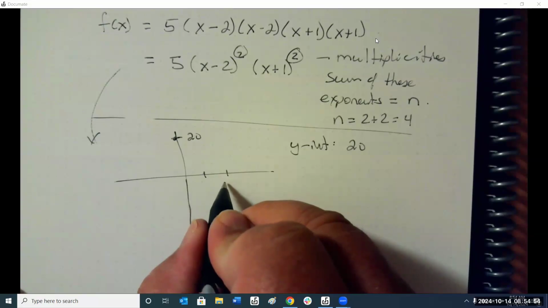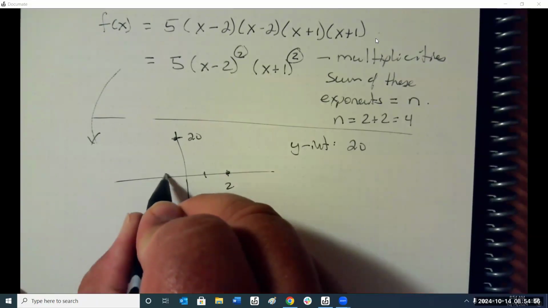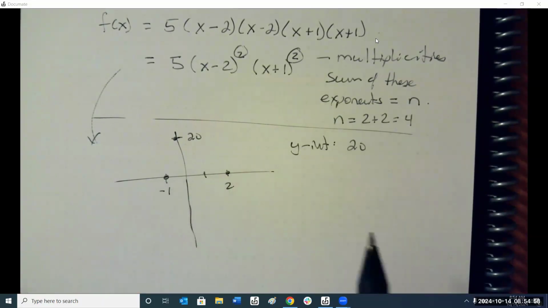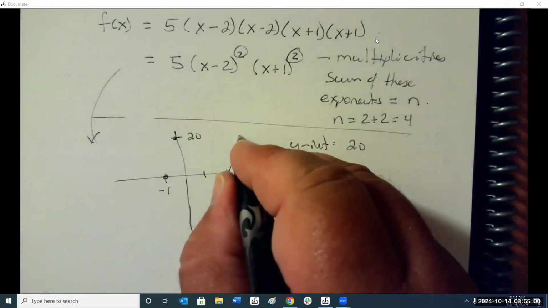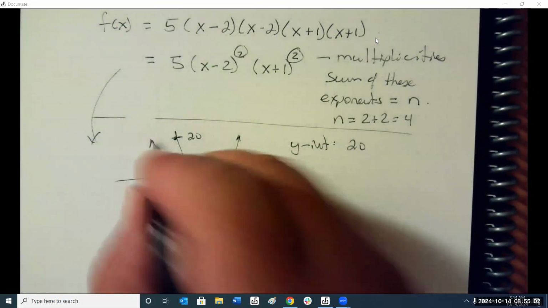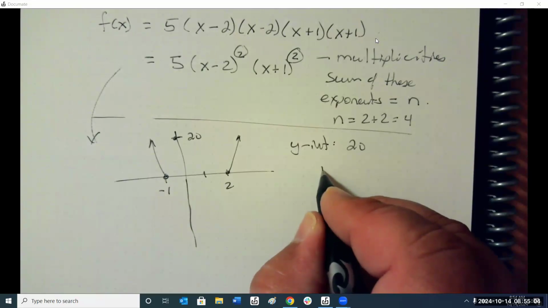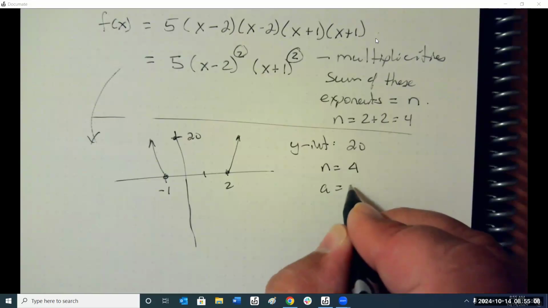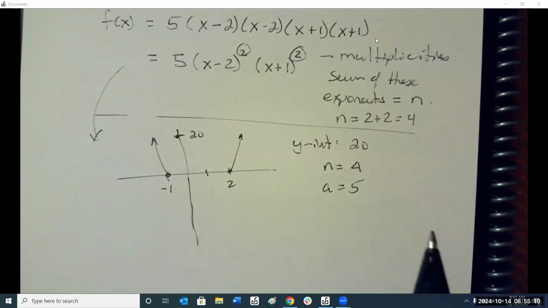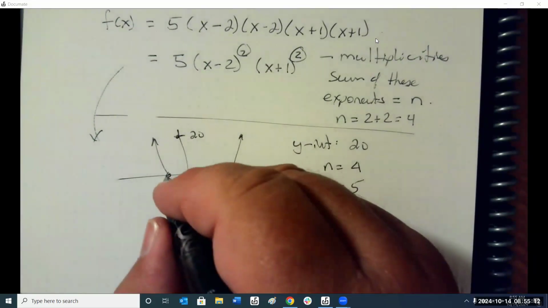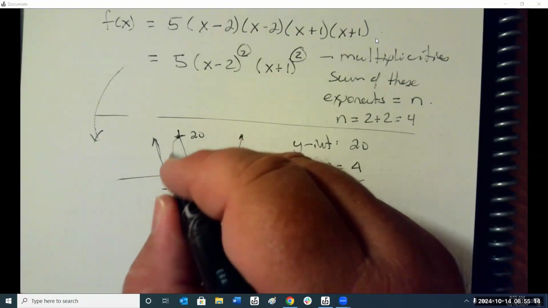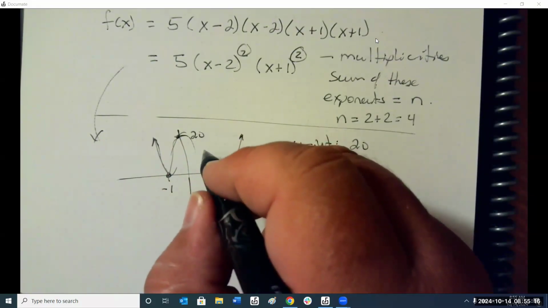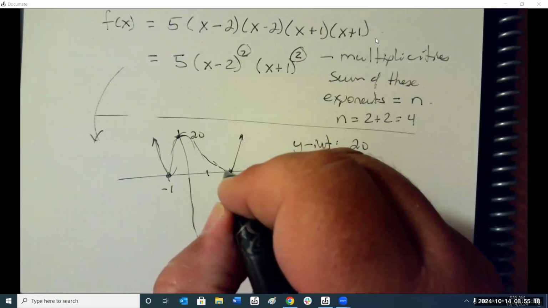Our x-intercepts are at 2 and negative 1. N was 4. A was 5. So this graph is going to look something like this.